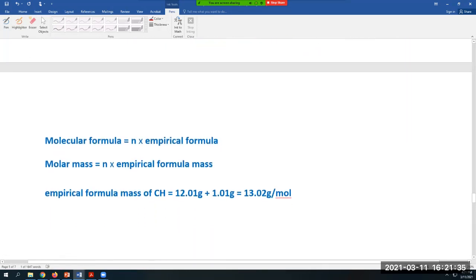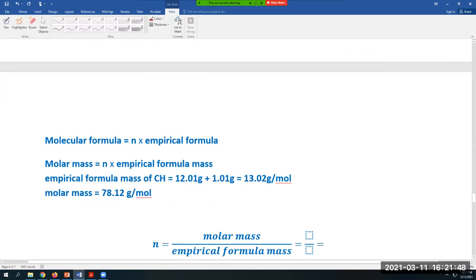So this number here that is given can be used as the molar mass. So the molar mass is 78.12 grams per mole.